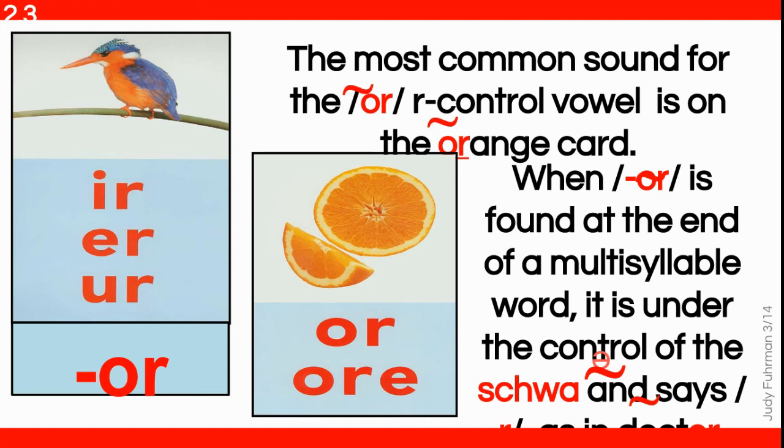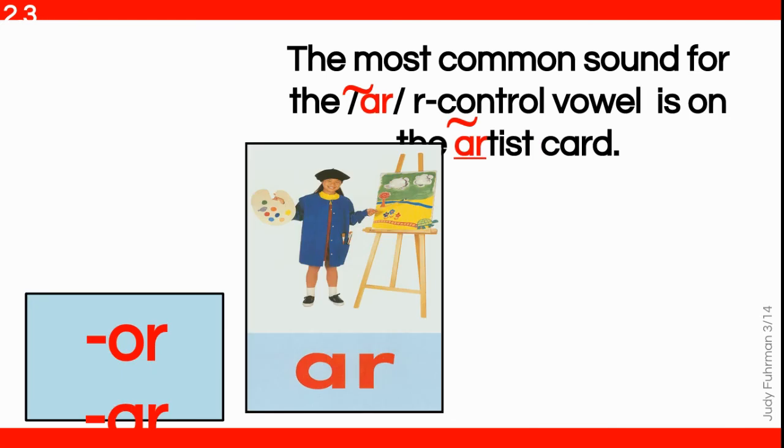When the OR is found at the end of a multi-syllable word, that means more than one syllable, it's under the control of the schwa, as in doctor, which takes the schwa's control and has the R sound.